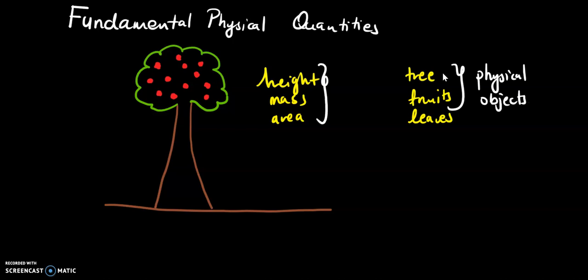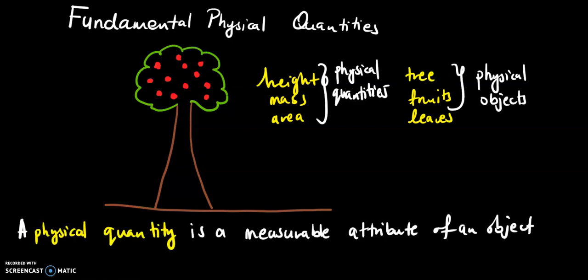The measurable attributes, the height, the mass, and the area, are what we call physical quantities. A physical quantity is basically a measurable attribute of an object, or put in another way, it's a property of a material that we can quantify by measurement.